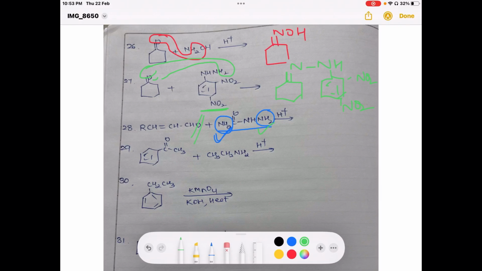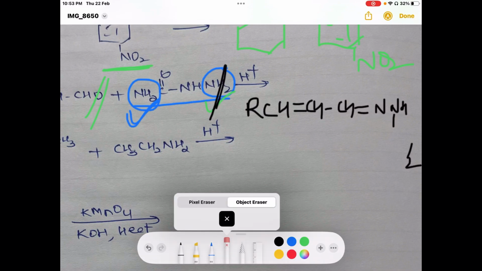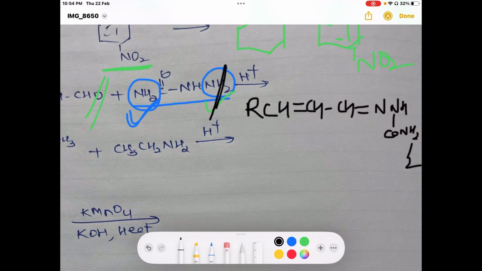So the oxygen of carbonyl and the hydrogen of the amino group are removed and the resulting product is RCH=N-NH, and this is attached with the CONH2 part. CONH2 is here.